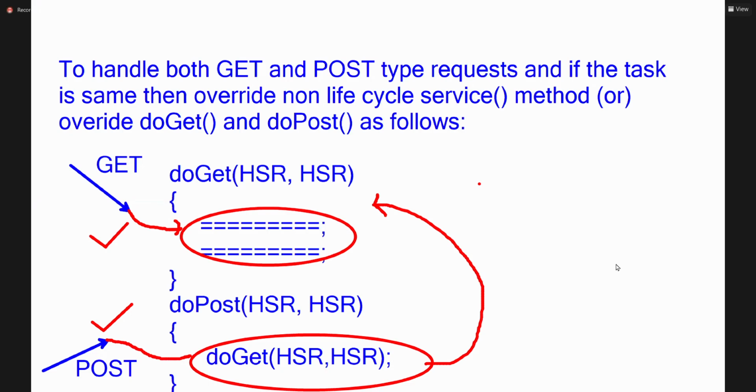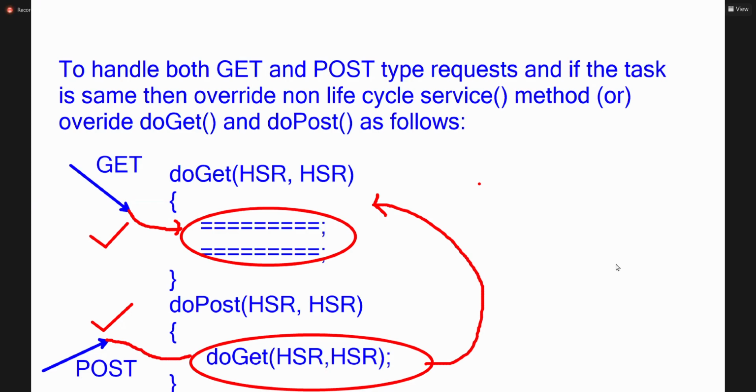To handle only get type requests, what we have to override? doGet. To handle only post type requests, doPost. To handle both get and post, if the task is same, non-life cycle service or like this.